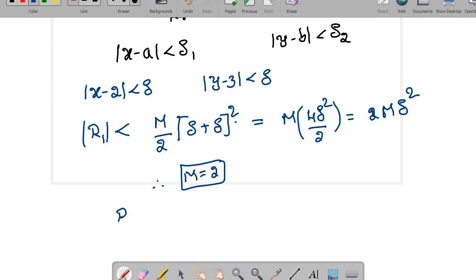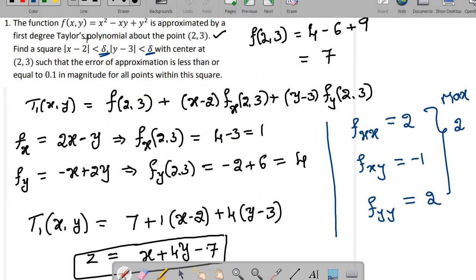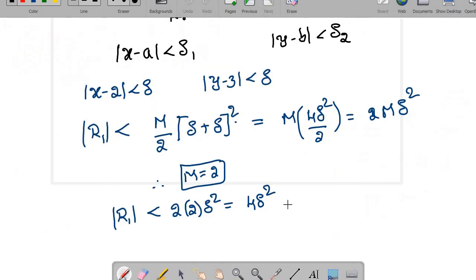So the remainder term is less than or equal to 2 times M delta square, which is 4 delta square. And what do we want? We want the magnitude of the error to be less than 0.1.